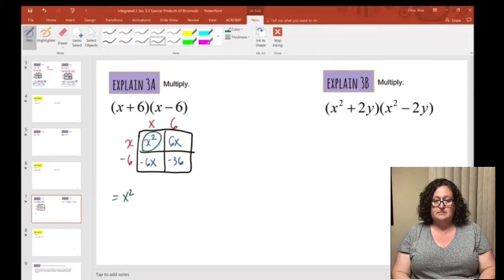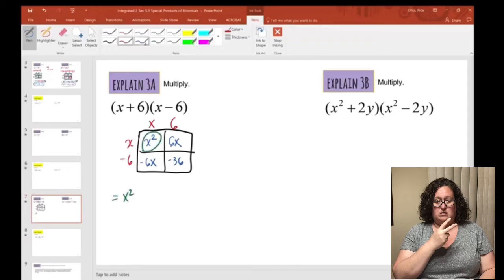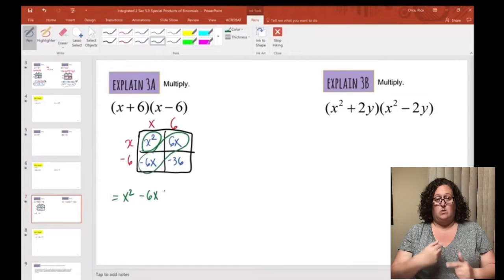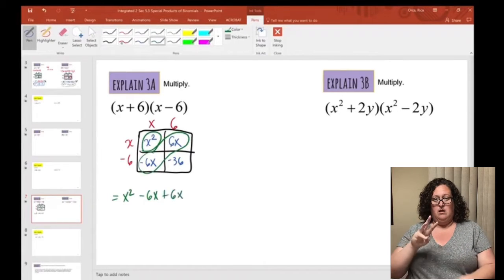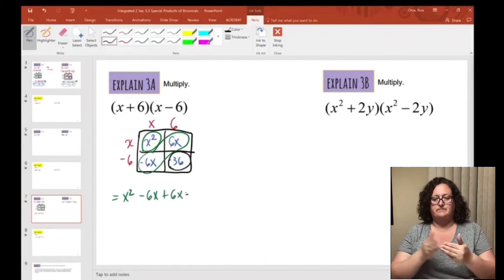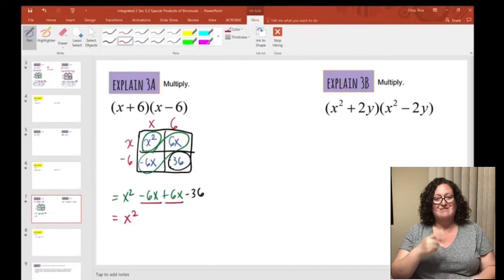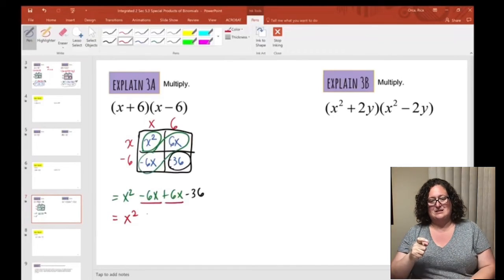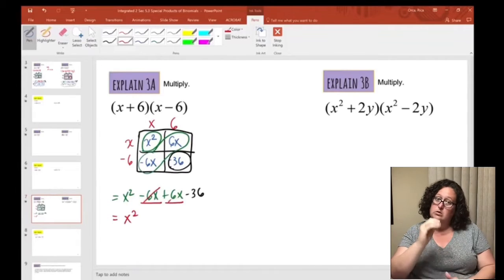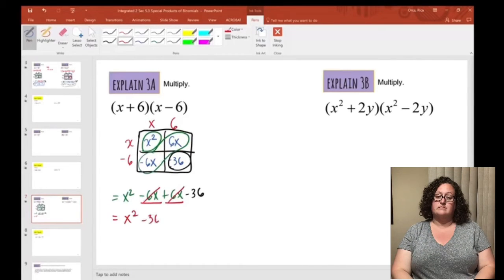X squared, and we have negative 6x plus 6x followed by the minus 36. So that's x squared. Negative 6x plus 6x is 0, minus 36. And that's our final answer.